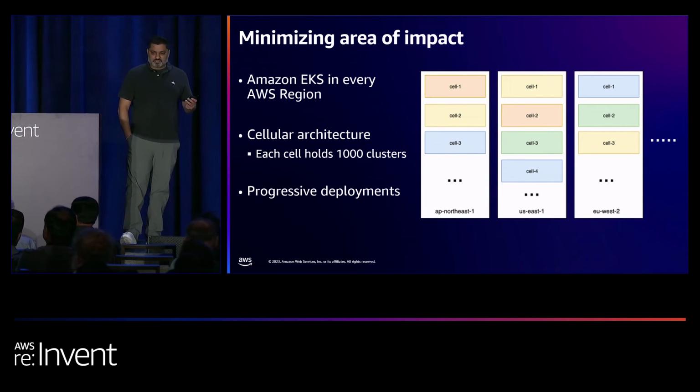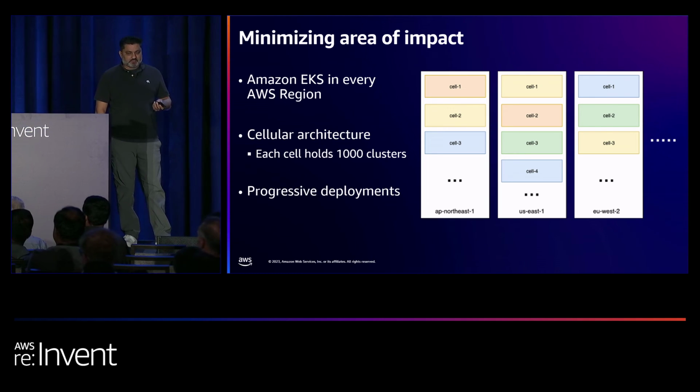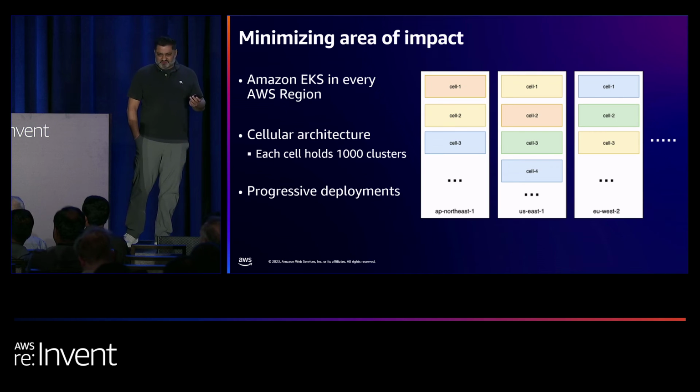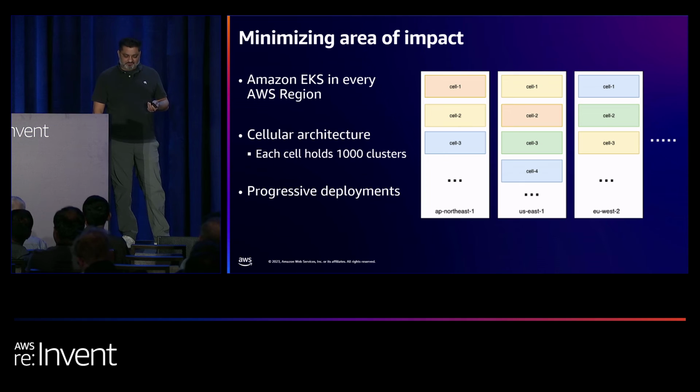So we're in every region today. Each region is split into cells. These cells are nothing but AWS accounts, and we distribute clusters across these cells. This isn't a novel idea at all. Any large-scale service probably follows a similar pattern.